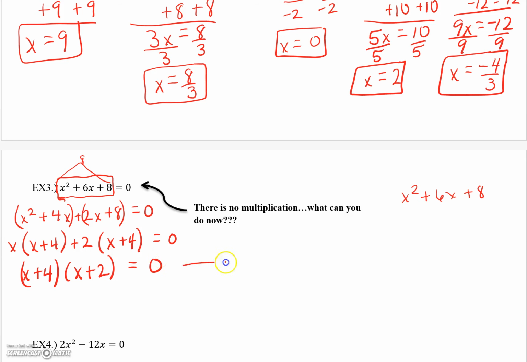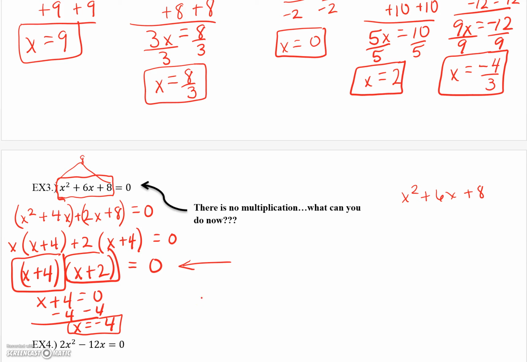Notice how I brought that equals 0 down each time. If you look at it from this point right here, this is showing you exactly what we were given up above. Now I know that I'm multiplying two quantities to get 0. So this parenthesis could be 0, so there's one answer: x could be negative 4.